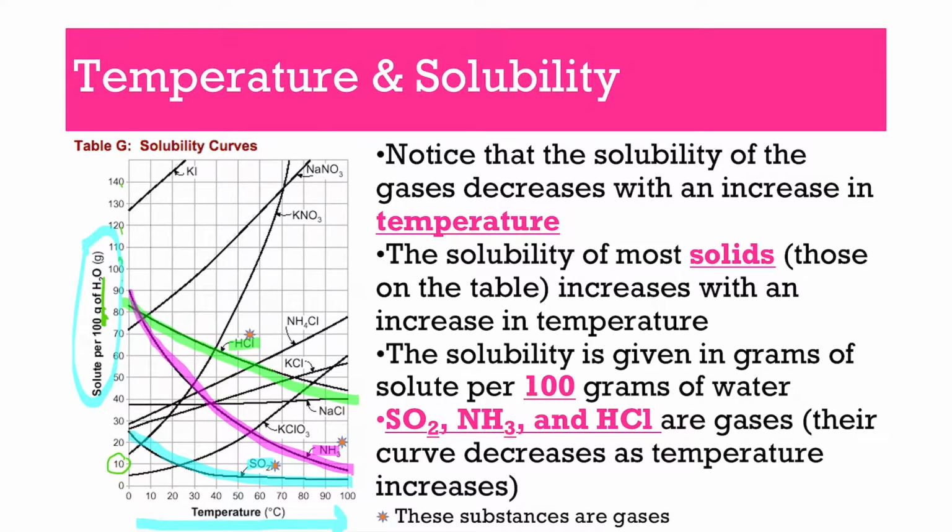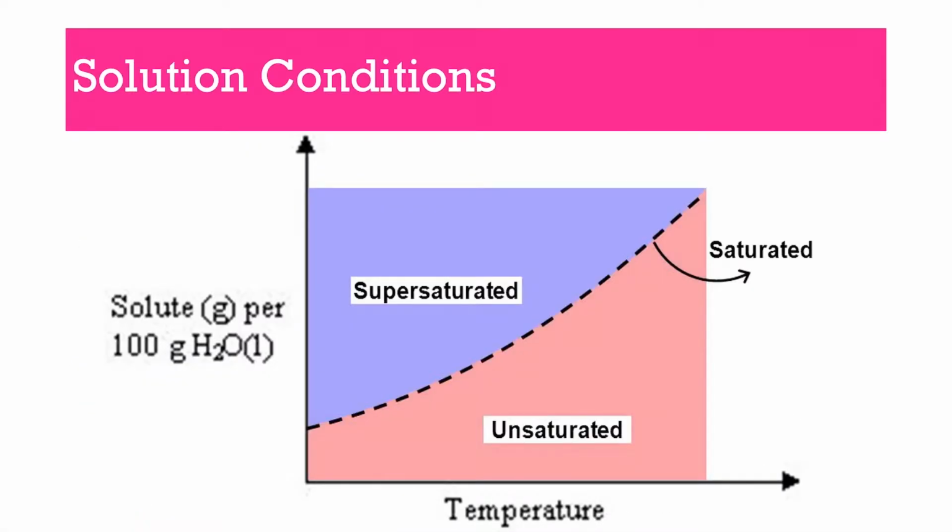If the solubility goes up when temperature goes up, those are your solids. If solubility goes down when temperature goes up, those are your gases. So it would be a good idea to first just highlight each path a different color so it's easier to read, and then make note that HCl, NH3, and SO2, the ones that are going down, are gases.